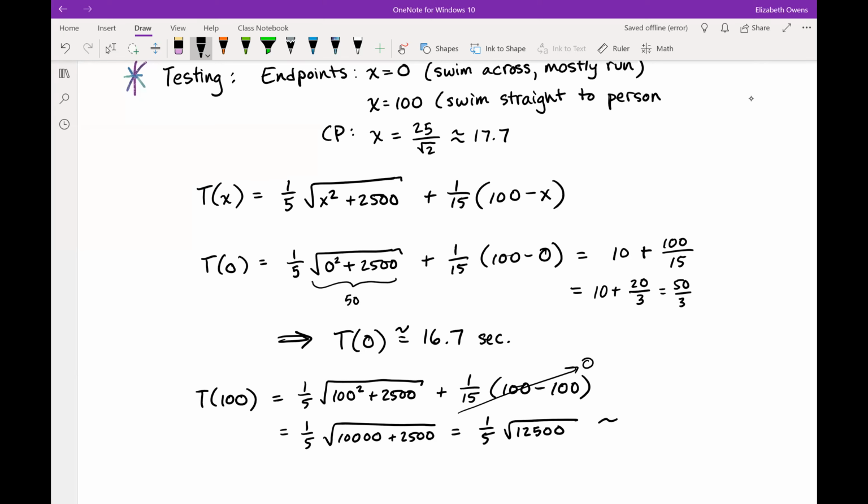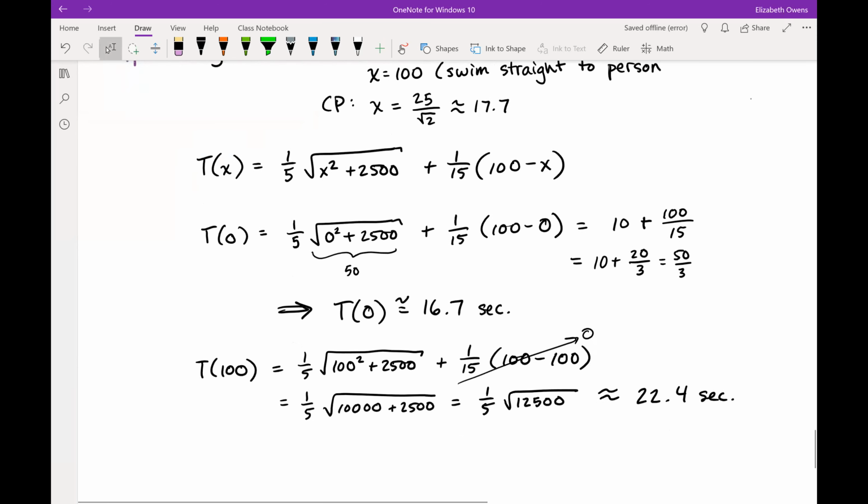Since we're doing approximations here, put that in your calculator, you'll get about 22.4 seconds. So far, the time t of 0 is winning at the moment. t of 100 equals approximately 22.4 seconds.